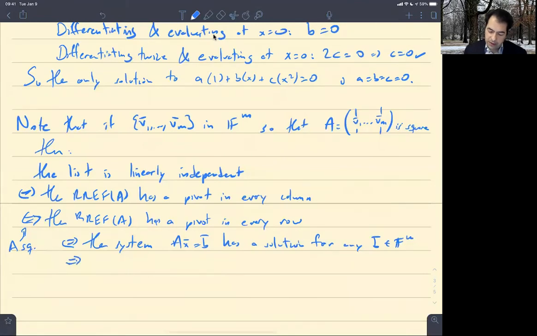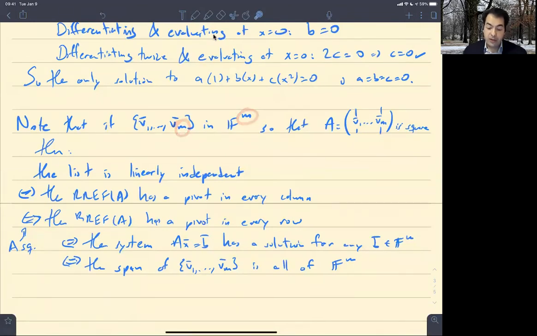And that's the same as saying that the span of the columns is all of F^n. Okay, so we have this very nice equivalence. If you have just as many vectors as you have coordinates, then you get a linearly independent list precisely when the span is everything.